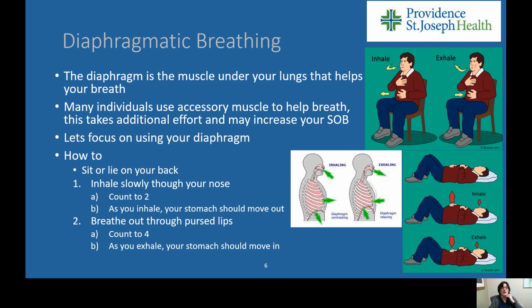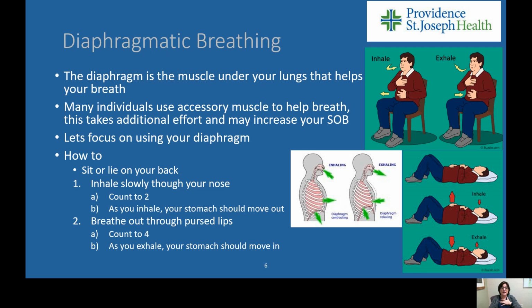So when we take a breath in, if you're short of breath and you're using accessory muscles, you'll see this hand go up and down because we're using these muscles. When really, you can't see my hand down on my belly, our hand on our belly should be coming out a little bit. So when we take a breath in, remember our lungs go down.